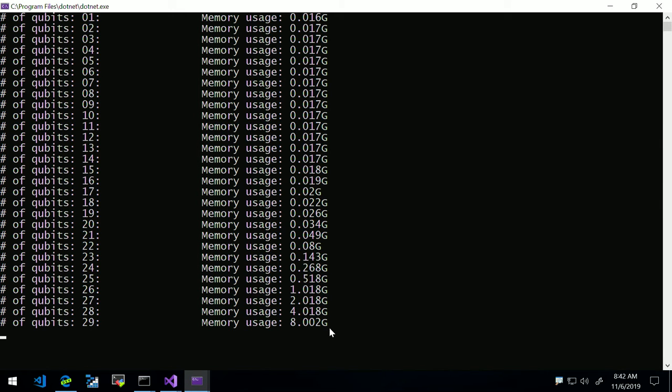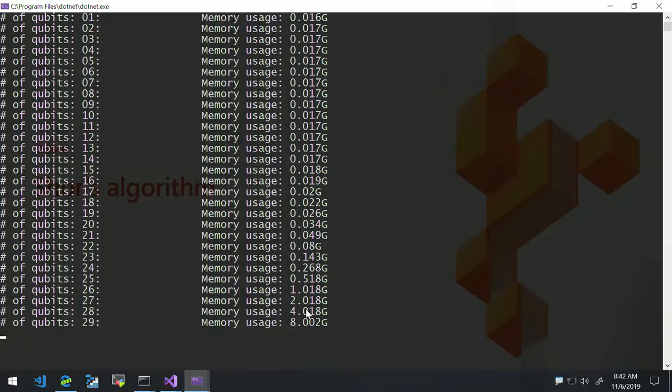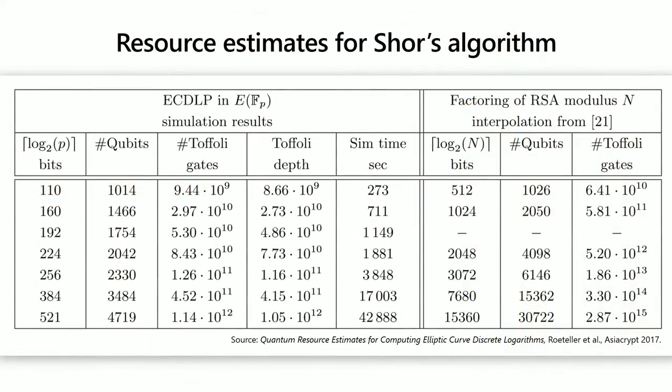We bottomed out at 8 gig at 29 qubits. So that's fundamentally why it's so hard to simulate a quantum algorithm on a classical computer, why quantum computers are so good at what they're doing, because they store so much information efficiently. How many qubits does it take to solve, do we estimate?